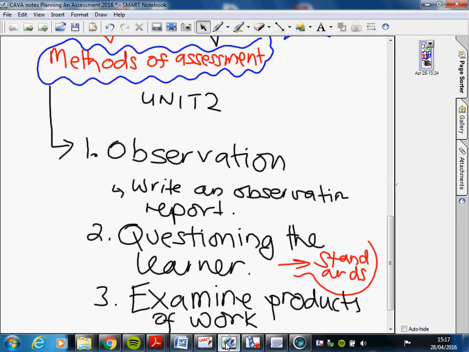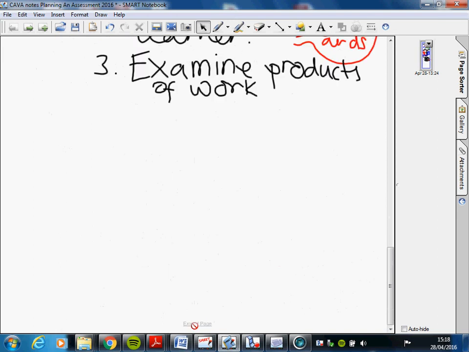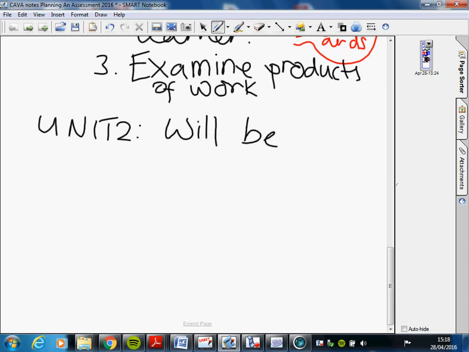If I proceed with this, I'll extend the page a little bit. So for Unit 2, if you produce an assessment plan that covers that, Unit 2 will be satisfied.